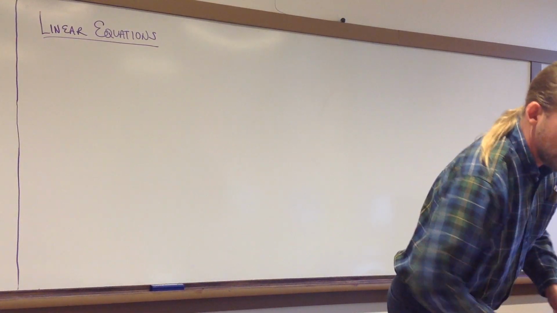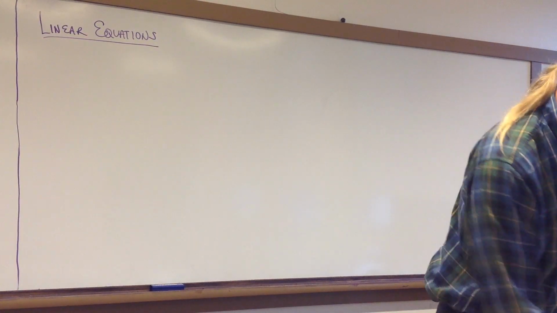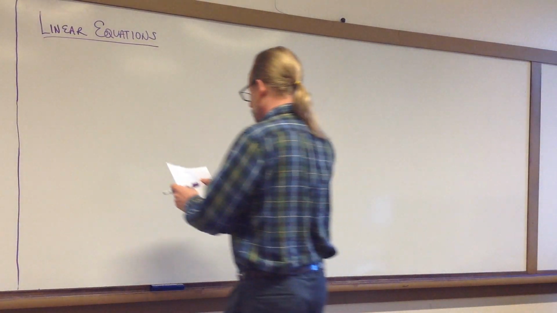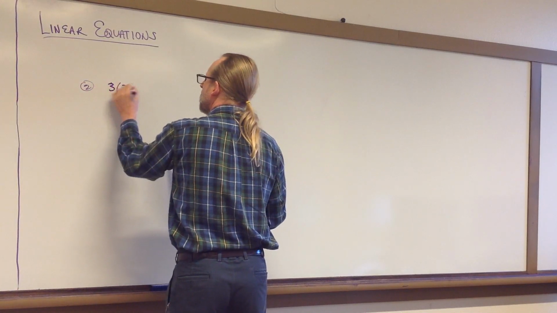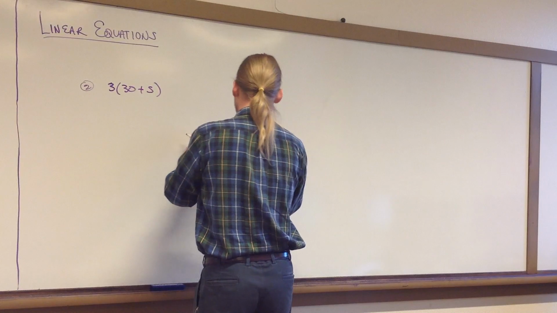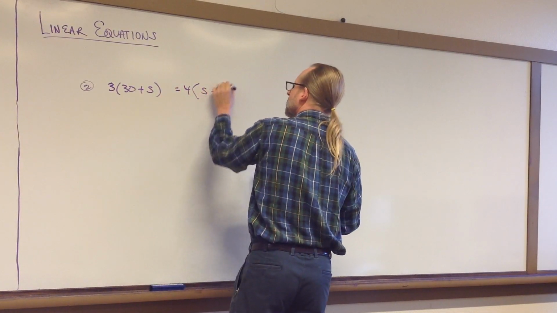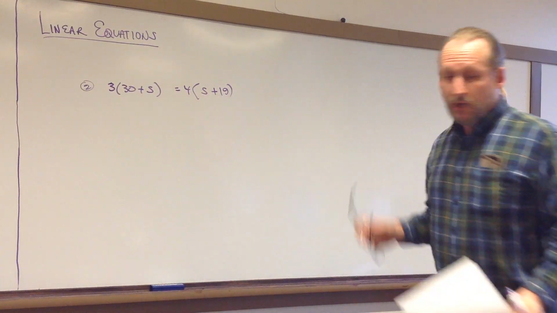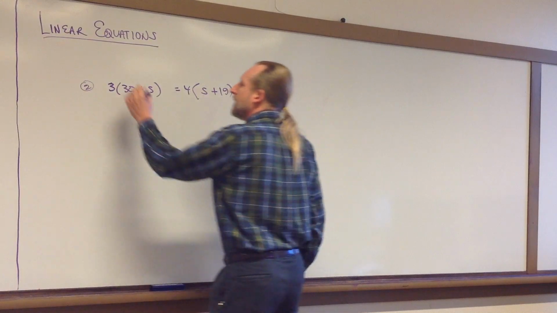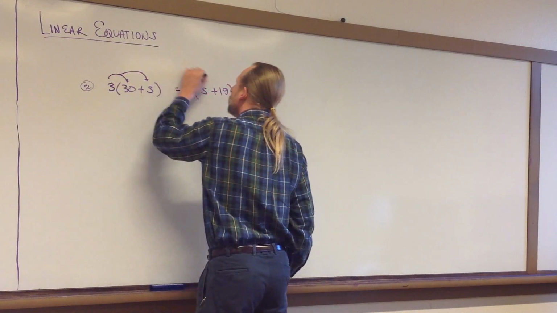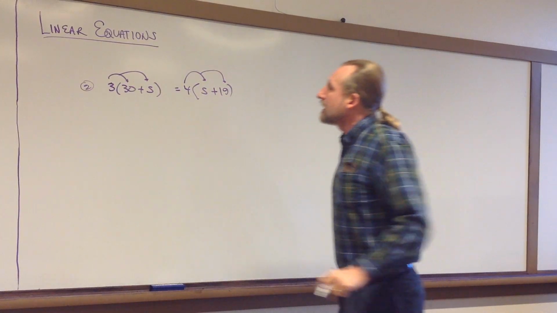All right, so let's run through some of these here. We'll start off with problem 2. We've got 3 times 30 plus s equals 4 times s plus 19. All right, so we need to distribute and get things simplified and then move to get all the variables on one side and everything else on the other side.